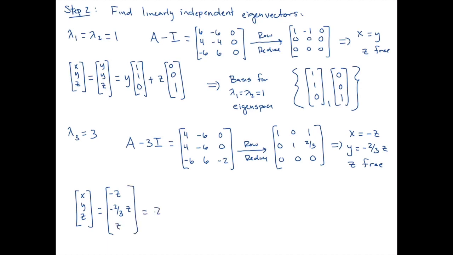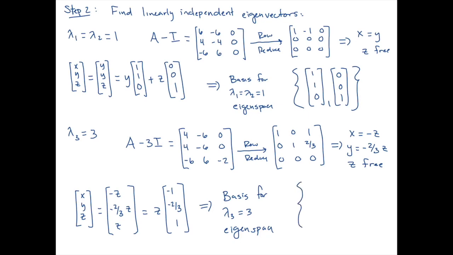And when we pull out the z, we get minus 1, minus 2/3, and 1. And so a basis for our eigenspace here is going to be -1, -2/3, and 1.